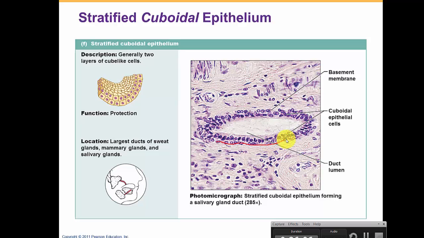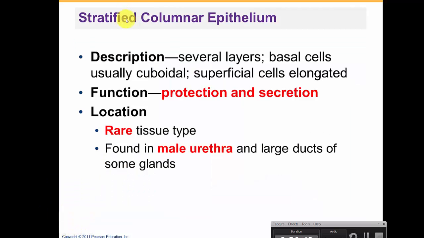So here is one layer of nuclei that are rounded, which means that this is one stratum or one layer of cells. Here is a second layer of nuclei, so this is a second layer of cells. So I have two cell layers here. Nuclei are rounded, this means that the cells are cuboidal. And as we said, we find these in our salivary glands.